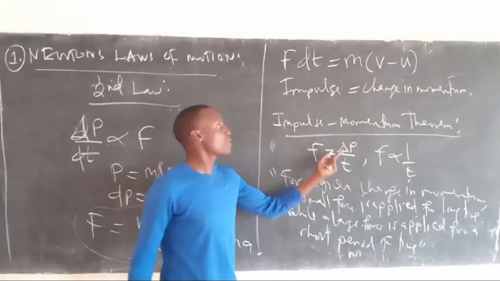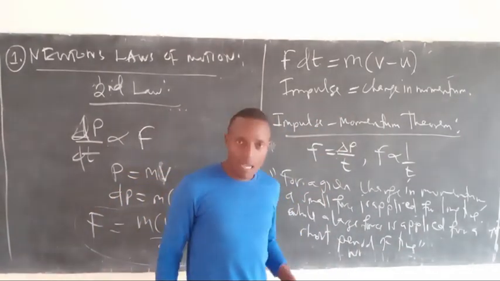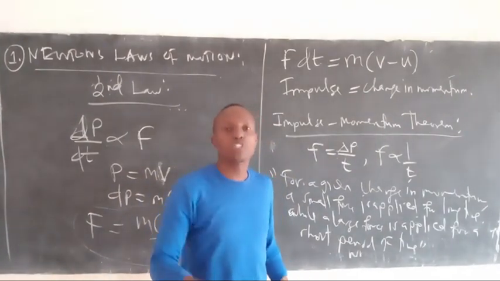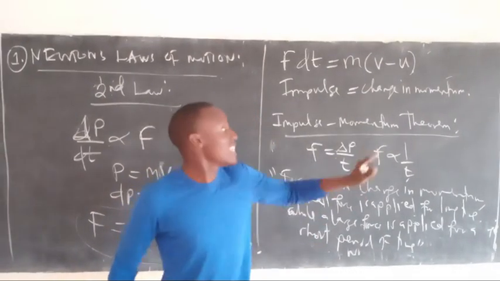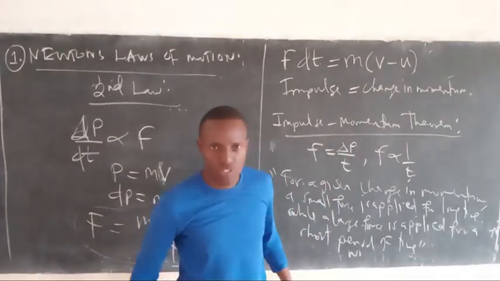That's what we speak about in the impulse momentum theorem. The leading examples of Newton's second law of motion are actually the use of the impulse momentum theorem. Let's discuss these examples.